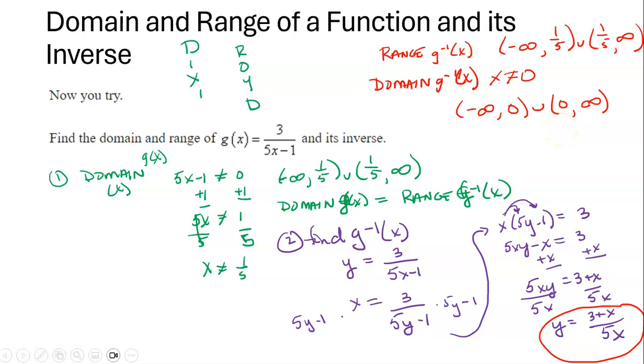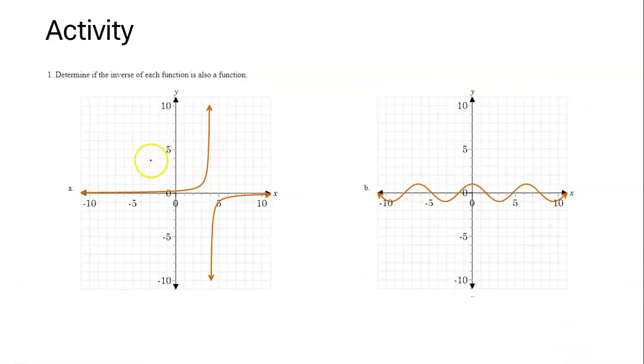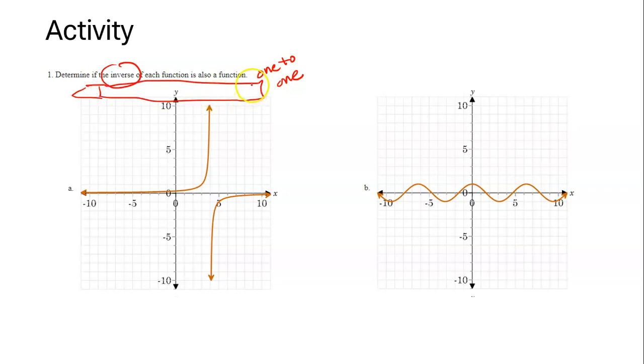Let's see if we can at least do a couple more. Determine if the inverse of each of these is also a function. So it's asking if these are one-to-one. Remember we have our pencil for our horizontal line test. And this is going this way. So yes, this is one-to-one. If I do the same thing here, I'm going to hit some of the same points.